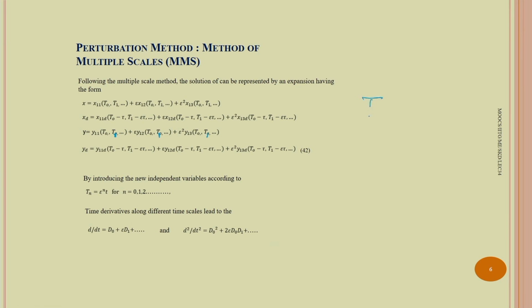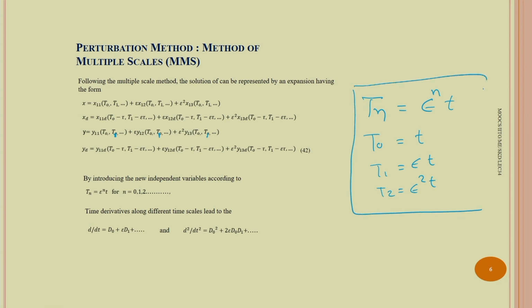You can recall that tn is nothing but epsilon to the power n times t. That is why t0 equals t, t1 equals epsilon t, and t2 equals epsilon squared t. These are the different time scales, similar to the time scales we use in a watch, for example the hour hand, the minute hand and the second hand.